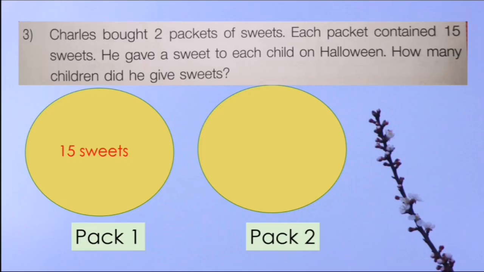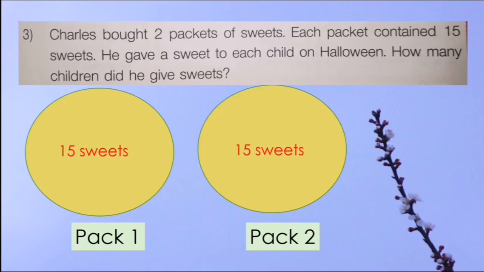One packet contained 15 sweets, and the other packet also contained 15 sweets. The question is, how many children did he give sweets? So again, he gave a sweet to each child, meaning he gave 1 sweet because "a" represents the singular form. So that means only 1.